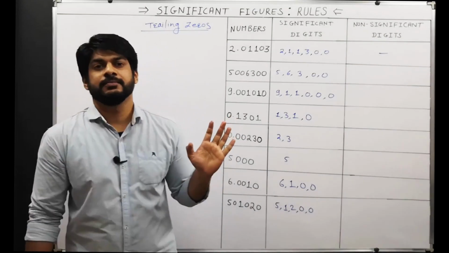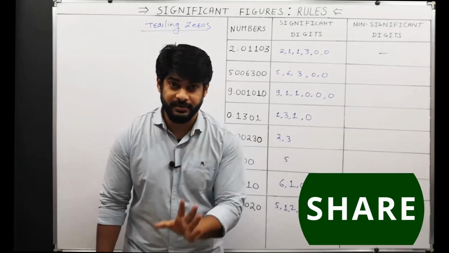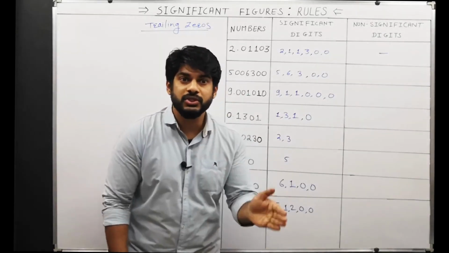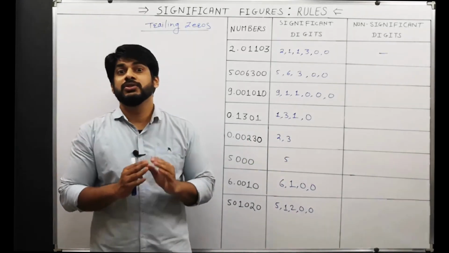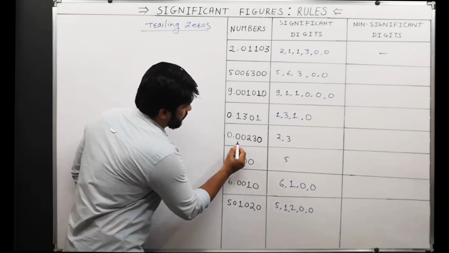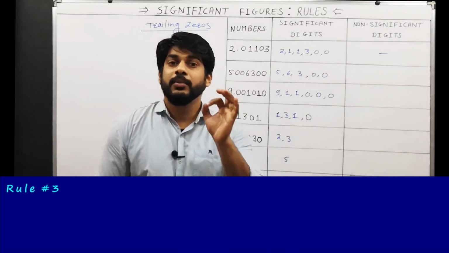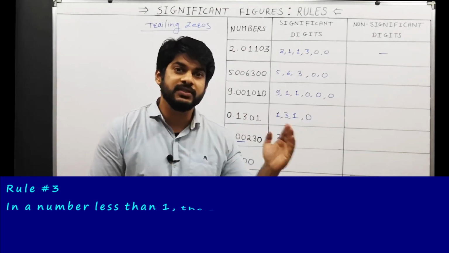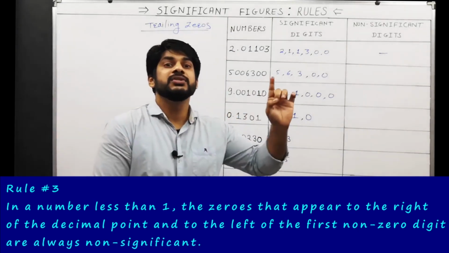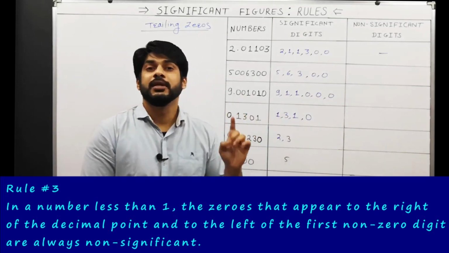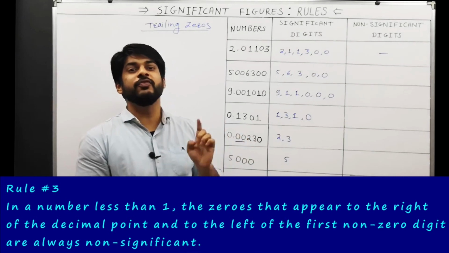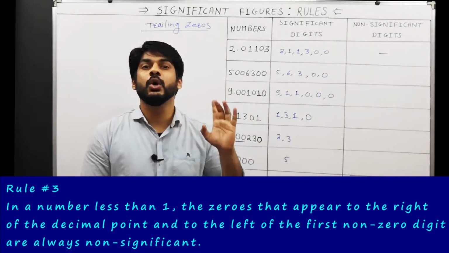In a number less than 1, the zeros that appear to the right of the decimal point and to the left of the first non-zero digit are always insignificant, non-significant.